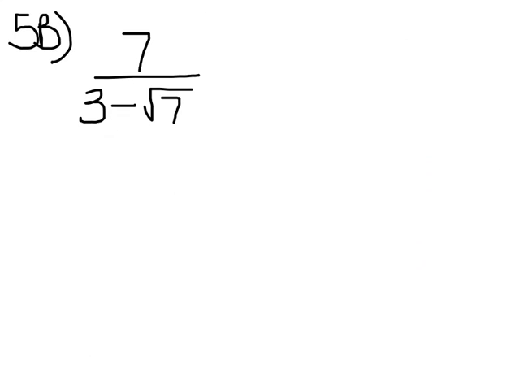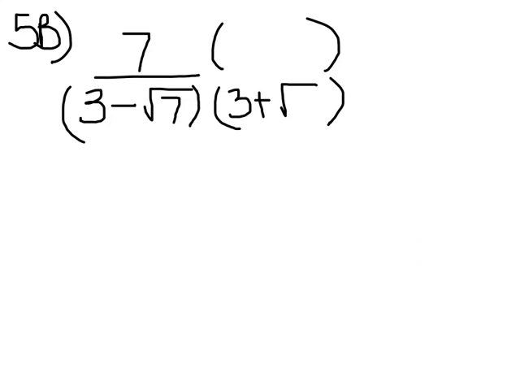In our next example, 5b, we'll be simplifying the radical expression 7 divided by 3 minus radical 7 by rationalizing the denominator. So we'll be multiplying both our numerator and our denominator by the same expression. We'll be multiplying them by 3 plus, remember this has to be the same expression but opposite signs as the bottom, so 3 plus radical 7.